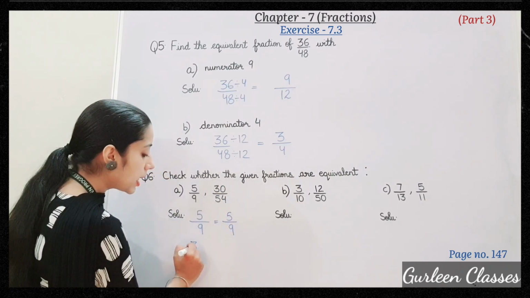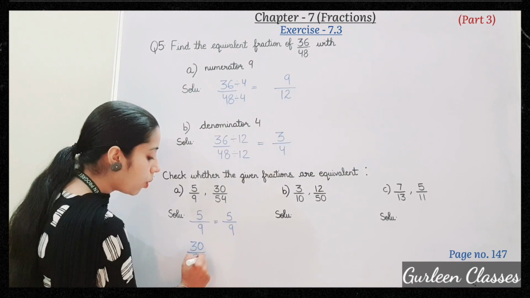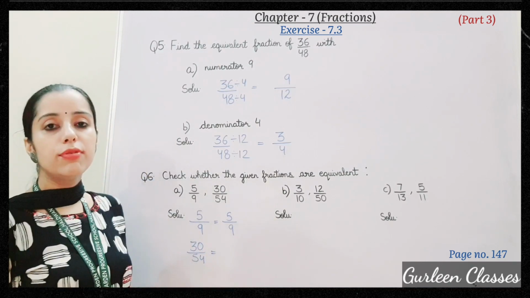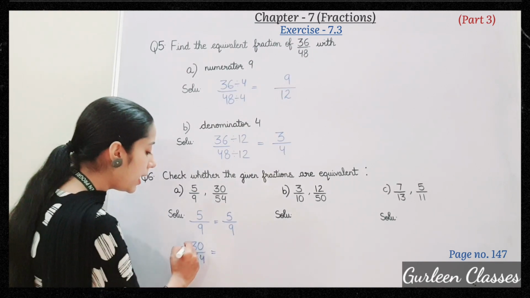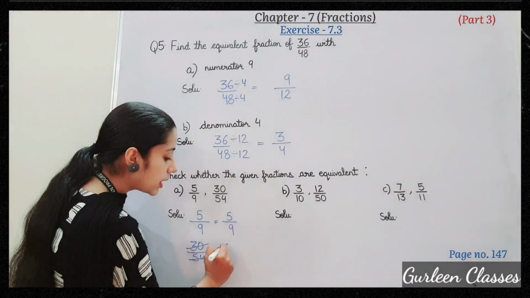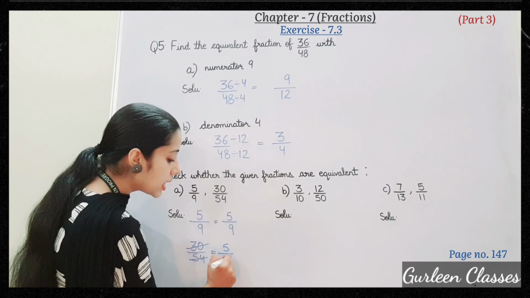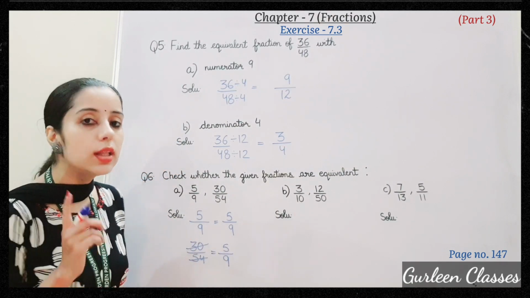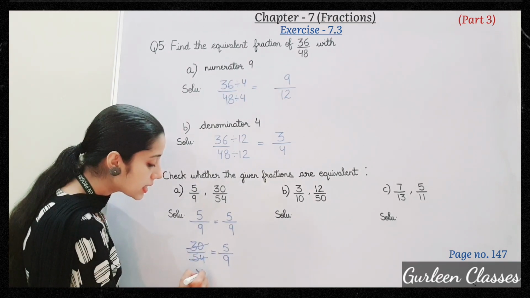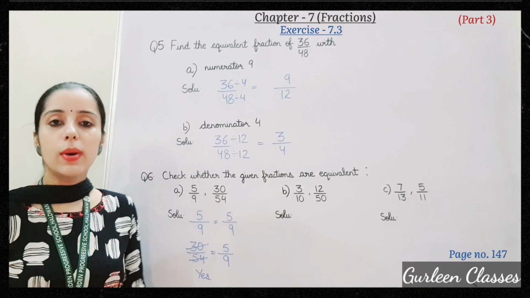Next fraction is 30 upon 54. So reduce 30 upon 54 to lowest terms. We know the tables. It will divide by 6. 6 5s are 30. 6 9s are 54. So 5 upon 9, 5 upon 9 both are equal. So the answer is yes. These fractions are equivalent.